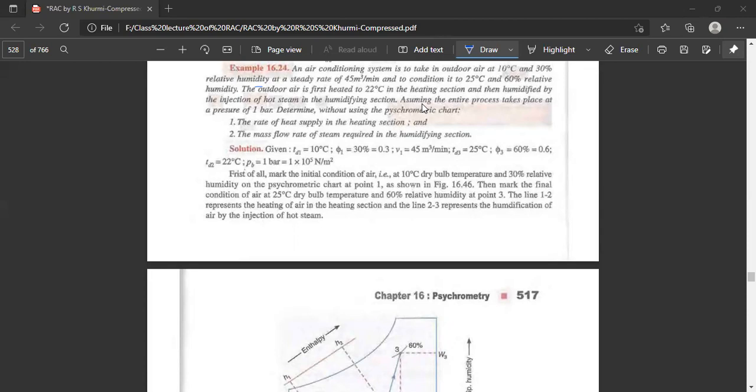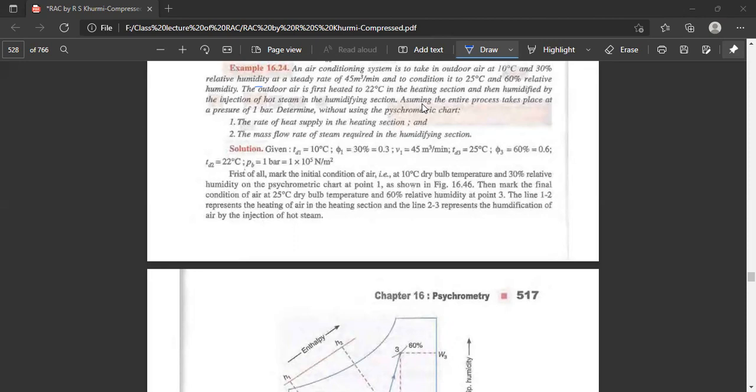The outdoor air is first heated to 22 degrees centigrade in the heating system, then humidified by the injection of hot steam in the humidifying system. First, we have to heat it, then humidify it by sending in the steam.